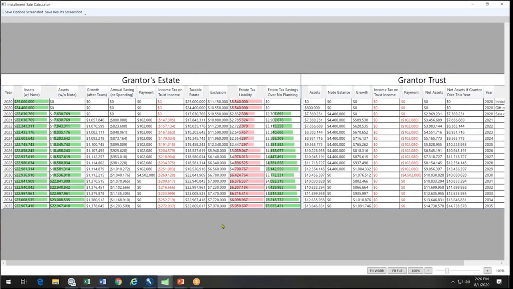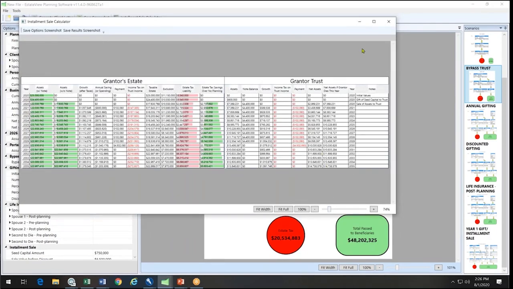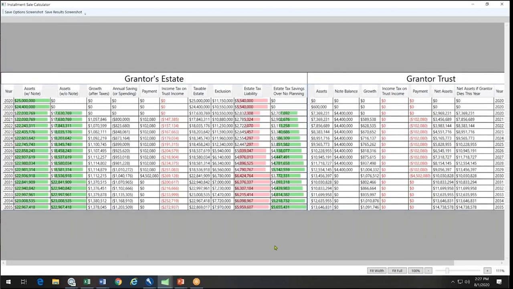The most important thing in wealth depletion is not the discounts and not to be able to earn a greater rate of return than the interest on the note, but what we call the burn. And if you look at the amount of income taxes that the grantor has to pay each year on the trust income, and you show the client that column, the client says, wait a minute, look at that, the income taxes, and the client says, you know, there's a point in time where enough is enough.